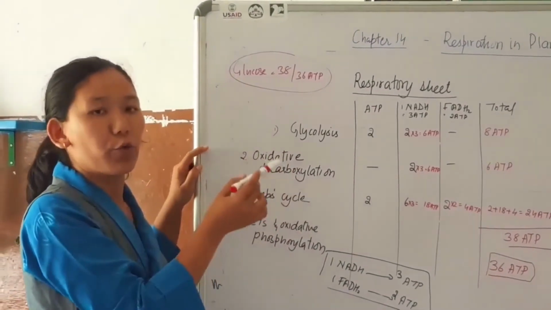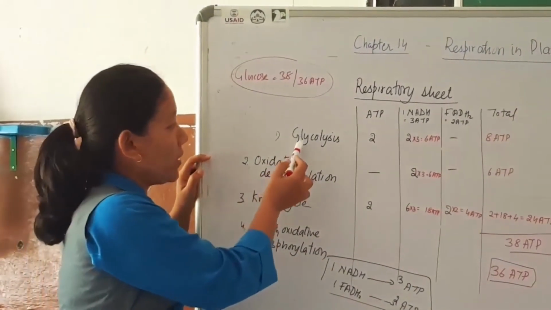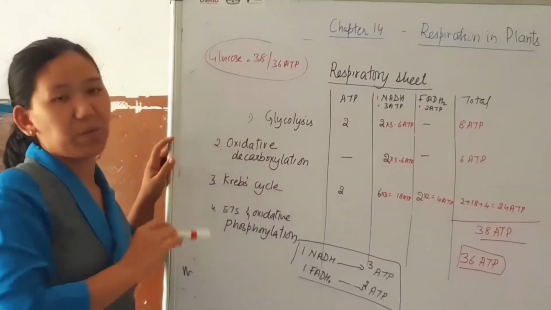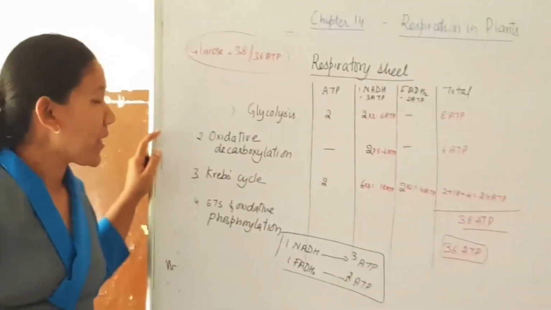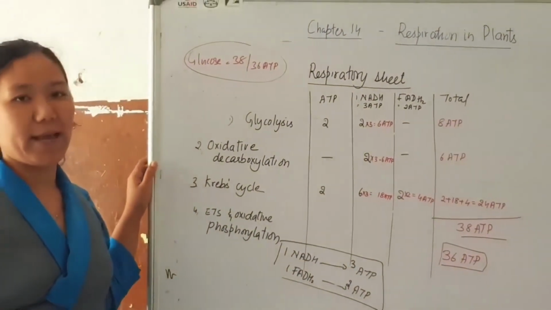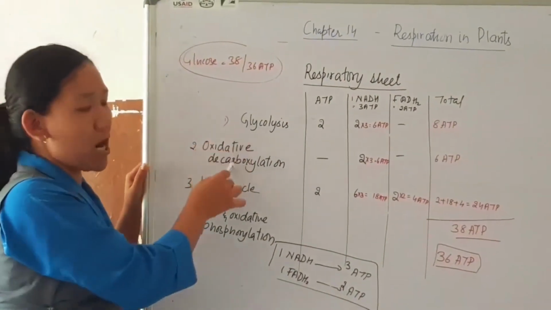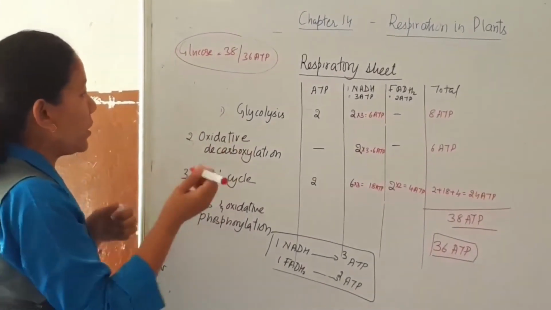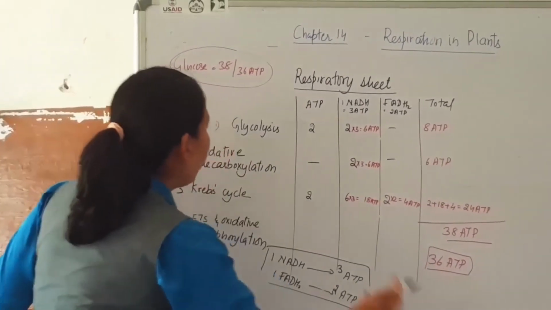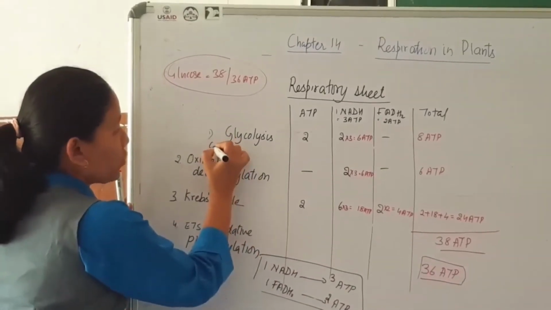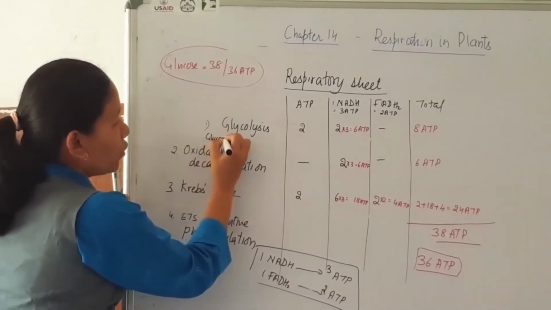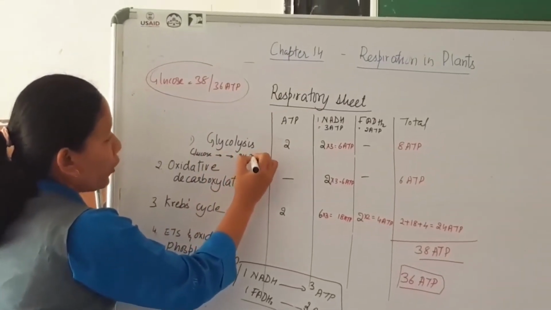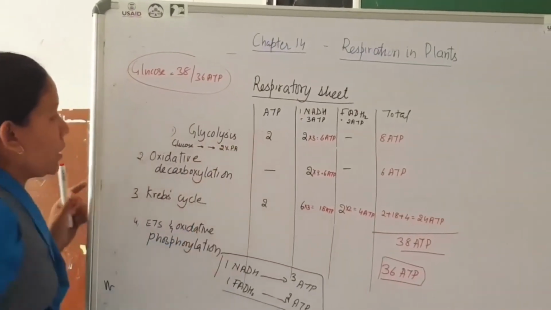The breakdown of glucose occurs in the sequence like this: glycolysis, oxidative decarboxylation, and Krebs cycle. That is one assumption. And the third assumption is that during the breakdown, the products formed, for example during glycolysis, glucose is broken down into two molecules of pyruvic acid.